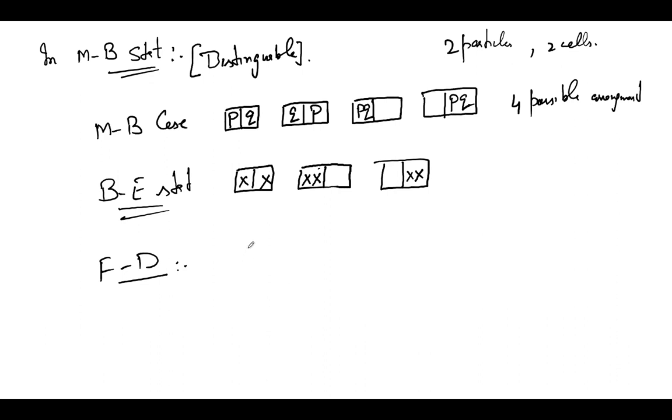Therefore the only possible arrangement for FD statistics is one particle in each cell. So in FD statistics there is only one arrangement which is possible.